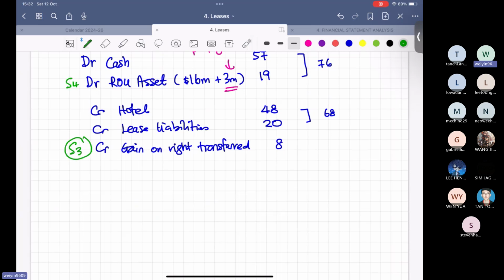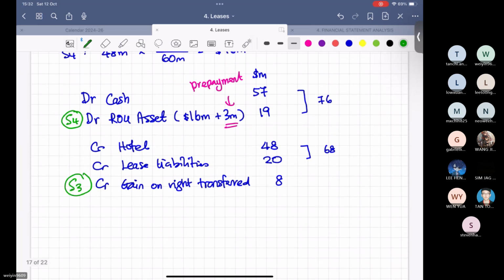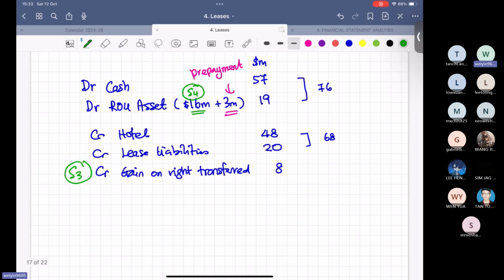This is my step 4. Because this is your initial recognition, I put it here: initial recognition.